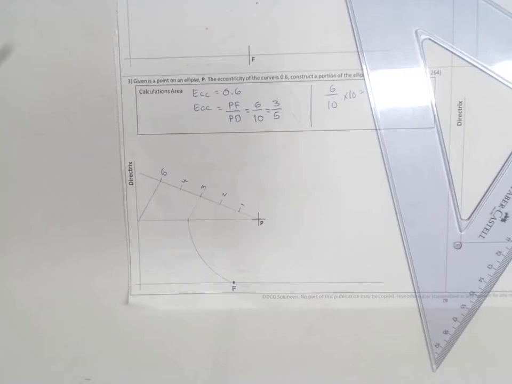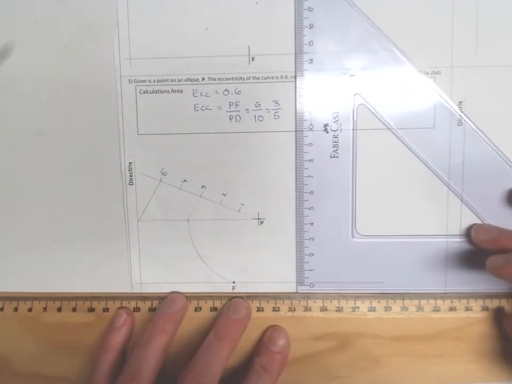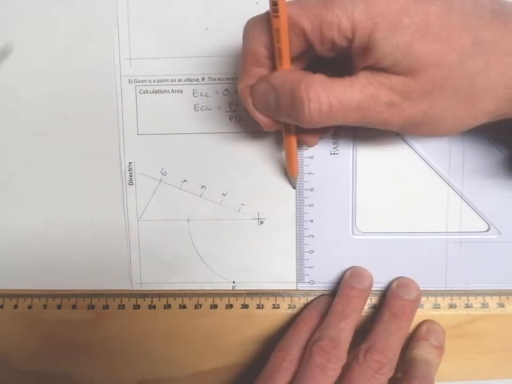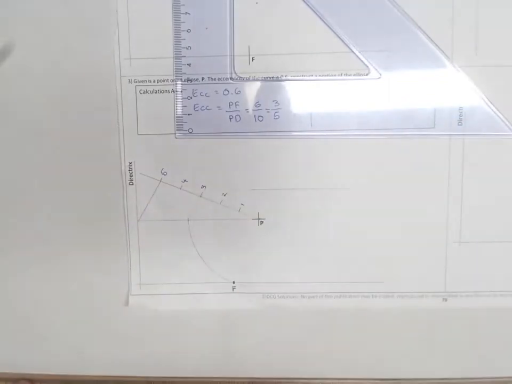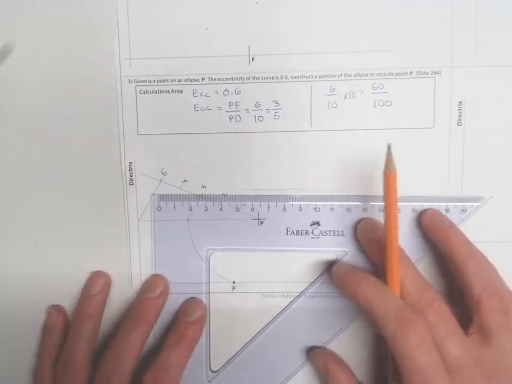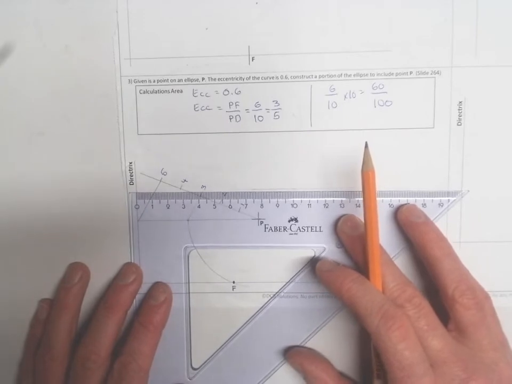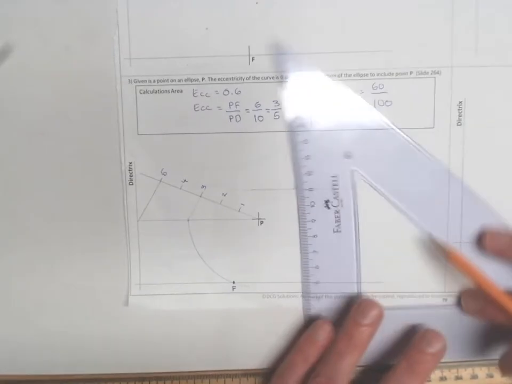So what I'm going to do then is draw a line from the base up 60, mark off 60, draw a line across, and then I'm going to measure out 100. This is going back to the very, very start. Out 100.